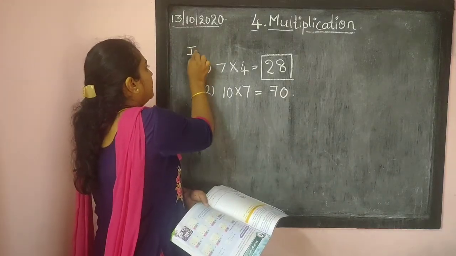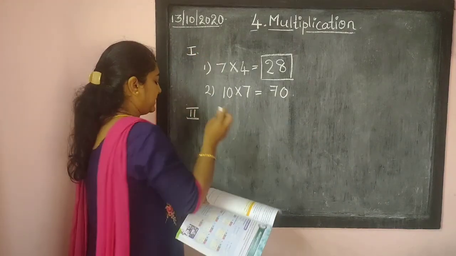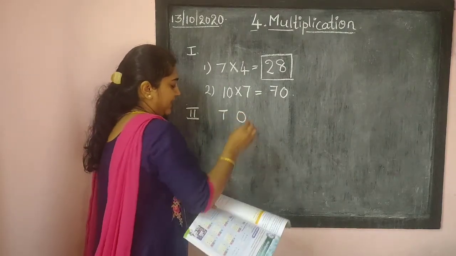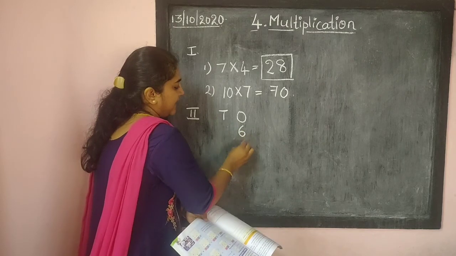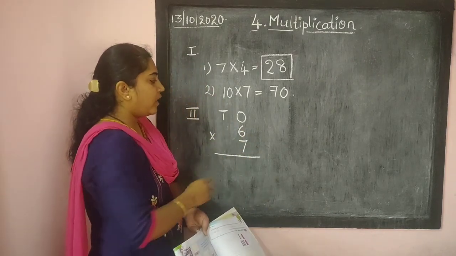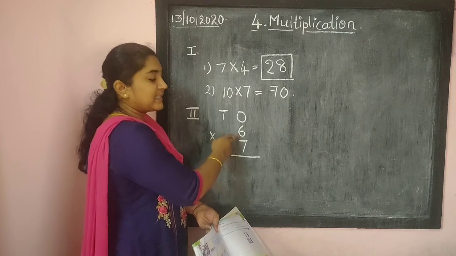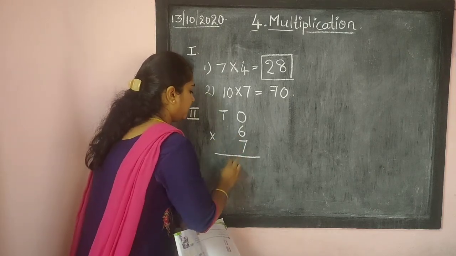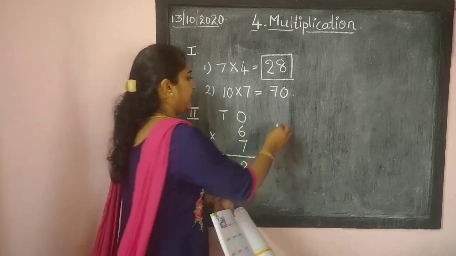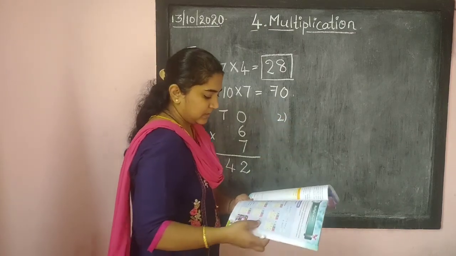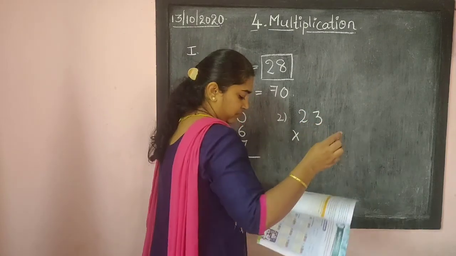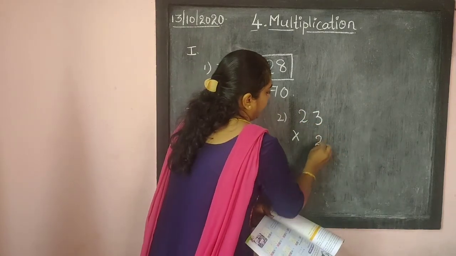One more is there now. The second one is multiply the following. Here is a tens and ones, 6 and 7. You have to multiply this. What? 7 6s are 42. And the next one, 23 into 2.